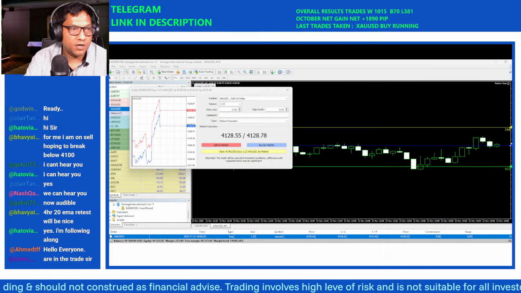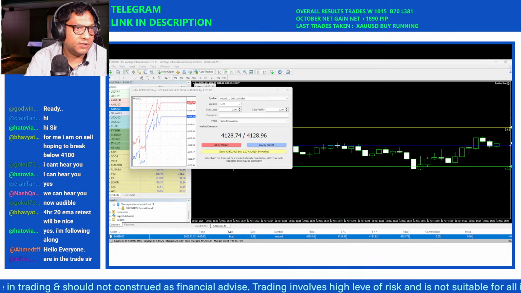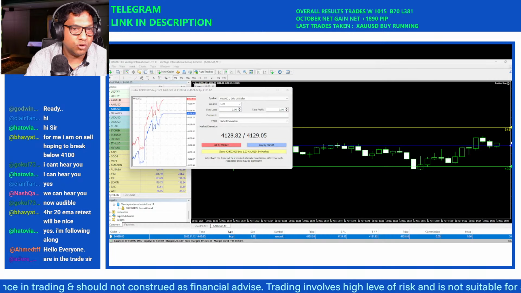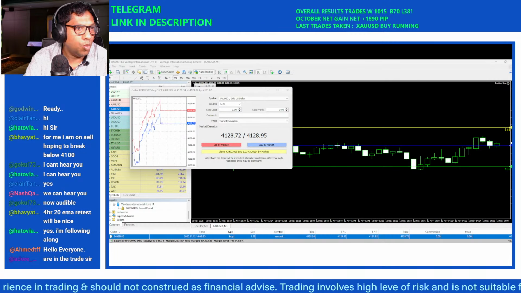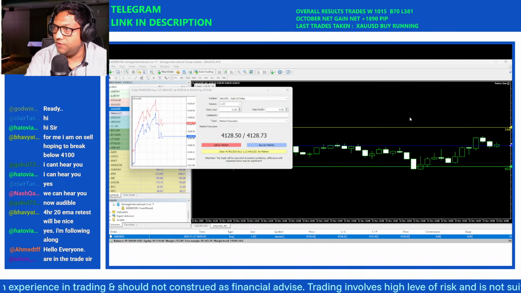Getting into the profit zone again and want to see that bounce back above. As the market is in a little consolidation, I'm not going to wait too long if we see that there is a possibility for drop.